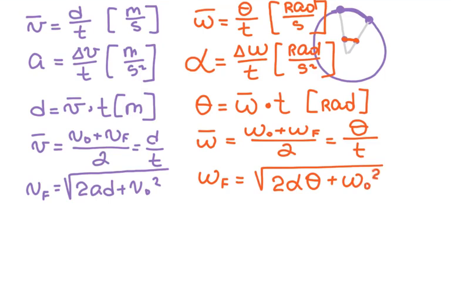Before we had linear momentum equal to mass times the velocity, and here we will have angular momentum. We don't have mass here, so we're going to have inertia, and I'm going to explain that more when we get to torque.